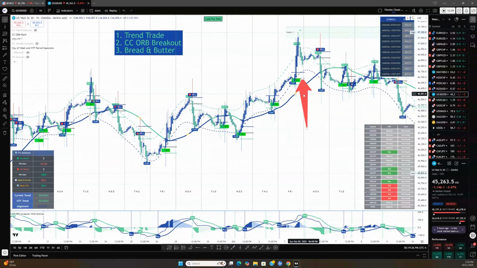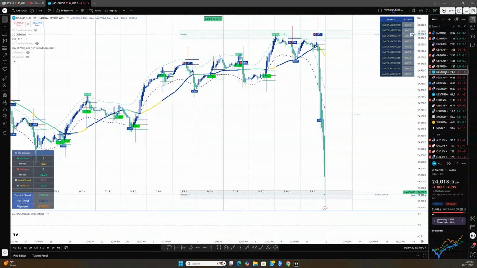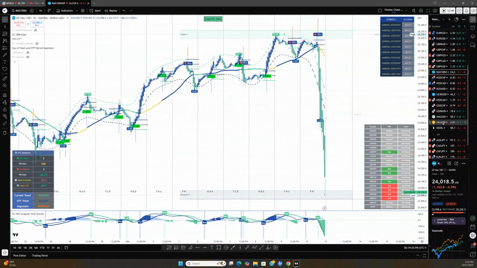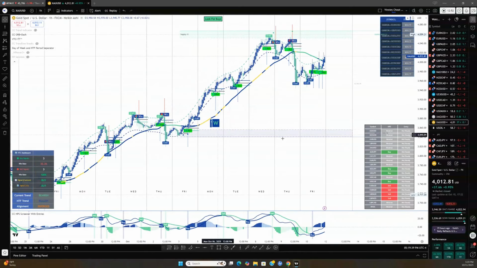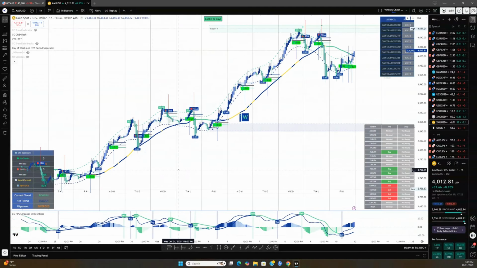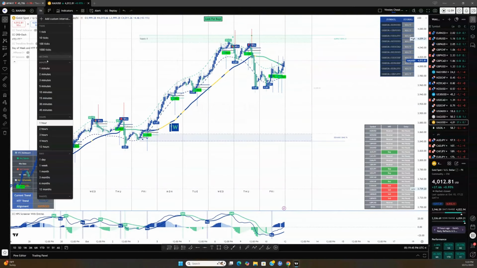So I just want to show you guys real quick. Let's go to NASDAQ real quick. All right. No, matter of fact, let's go to gold. All right. So here on gold, I just want to show you all the breakout trades that we had. So let's go to Monday on the 15-minute.